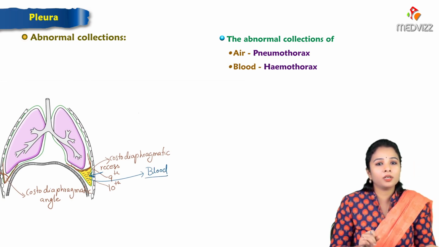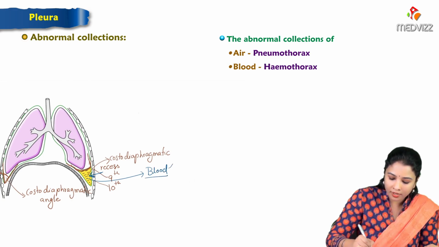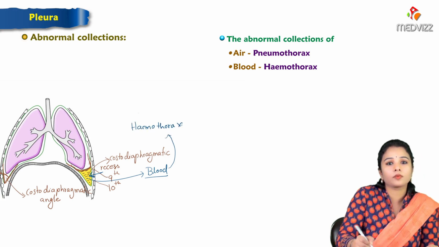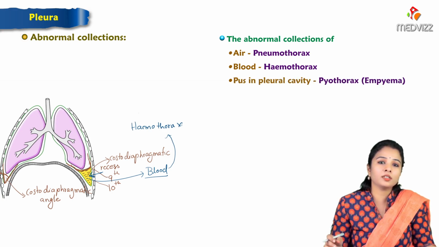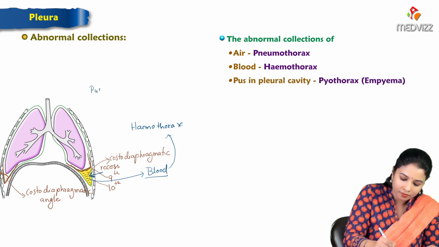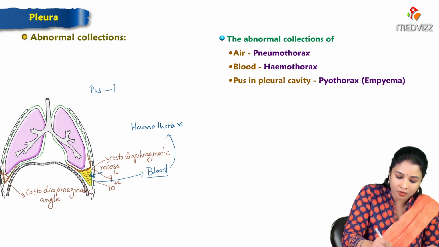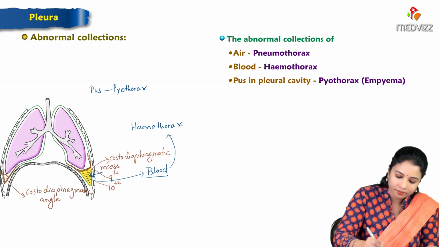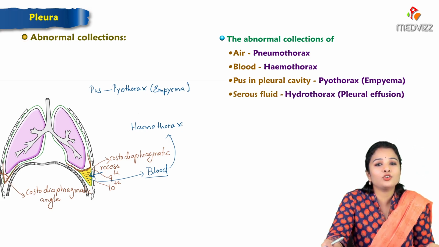If blood accumulates, it is called hemothorax. If there is pus in the pleural cavity, it is termed pyothorax or empyema. And serous fluid is termed hydrothorax.